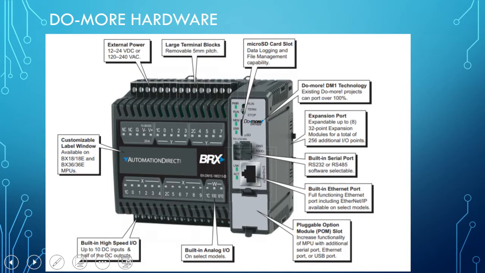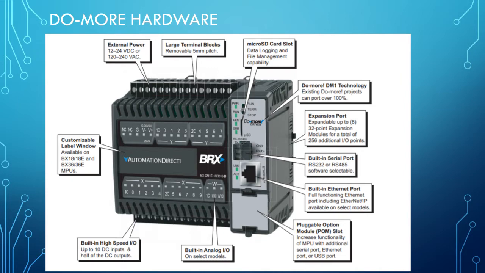So the PLC that we'll be using, there are different manufacturers. In our case, we're going to use Automation Direct Do More PLC. Major PLC vendors are Allen Bradley, Siemens, Automation Direct, Modicon.